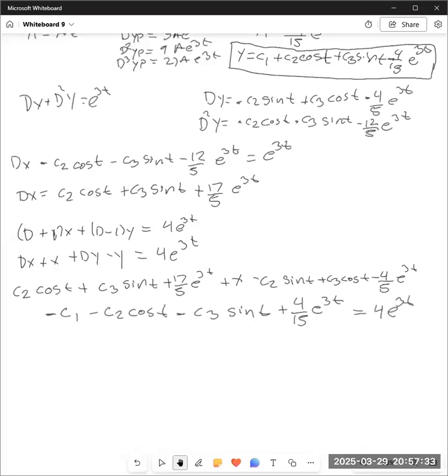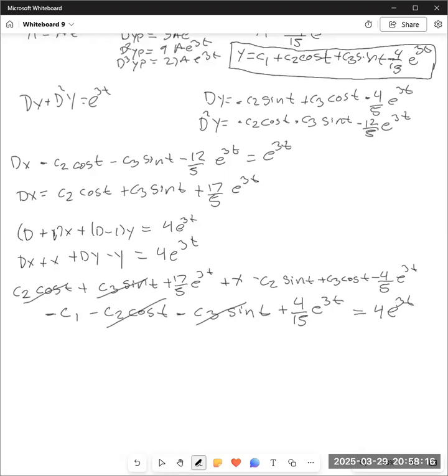So when we simplify here, let's see if anything goes away: negative c2 cosine of t, negative c3 sine of t, and we have c2 sine of t. That doesn't cancel or reduce with anything.